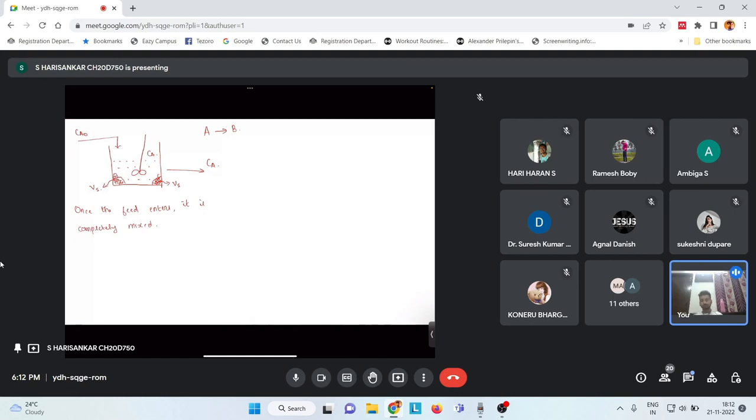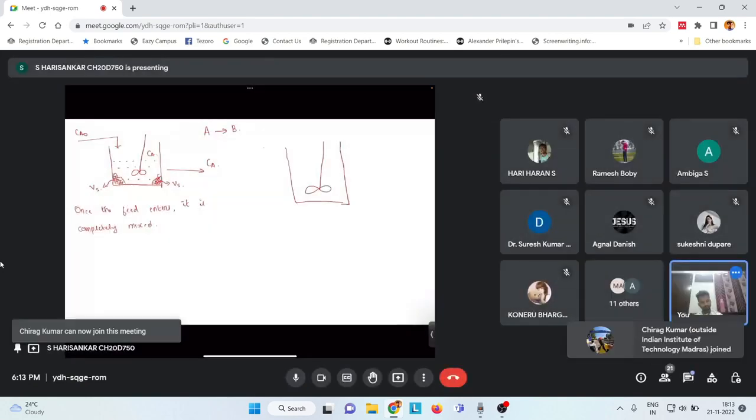Another case, again using the example of CSTR itself, is something called bypass.